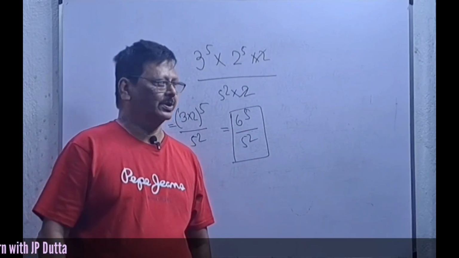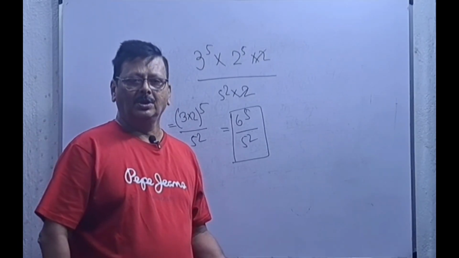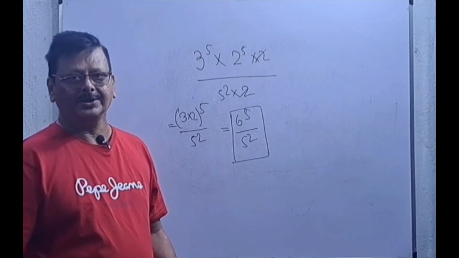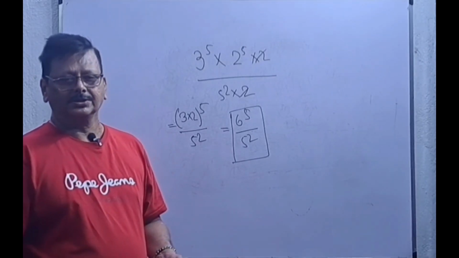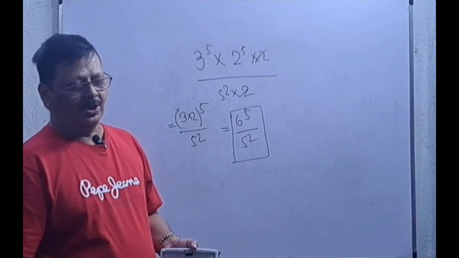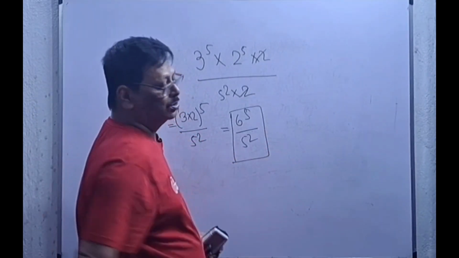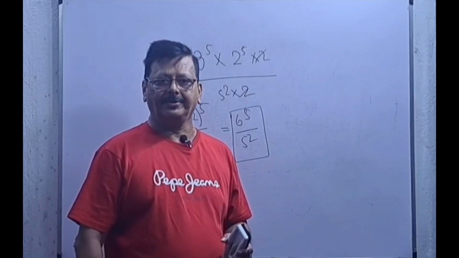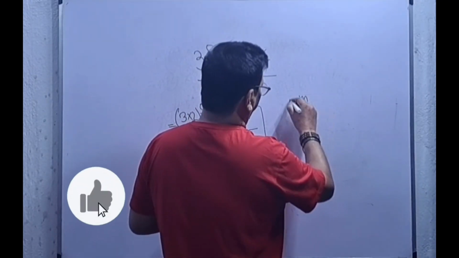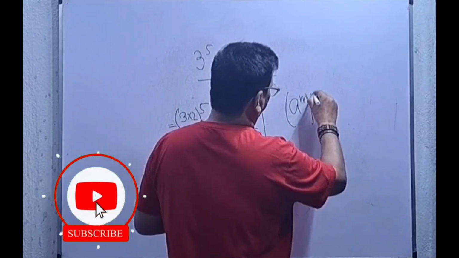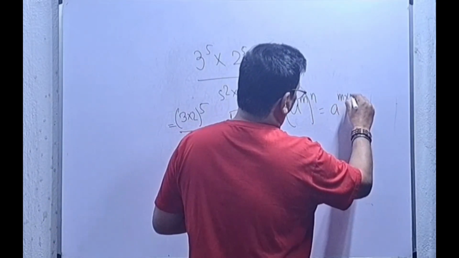So this will be your ultimate answer. I think I've been able to explain what the second rule is and how it is applied. Now, in the next class, the class coming up, we'll discuss the other two rules that I gave you, that is a to the power of m raised to the power of n is equal to a to the power of mn.